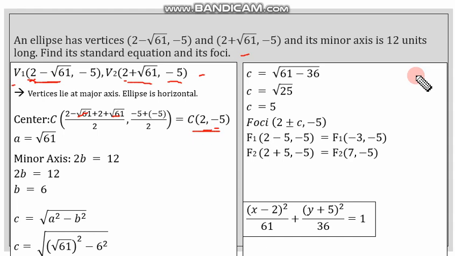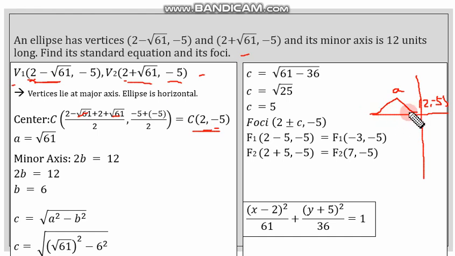So this is our center at (2, -5). For our vertices, we subtract and add the square root of 61 to get vertex 1 and vertex 2. The square root of 61 is approximately 7.8.